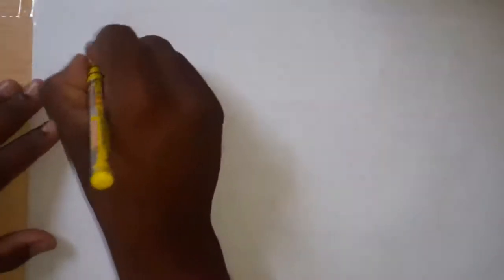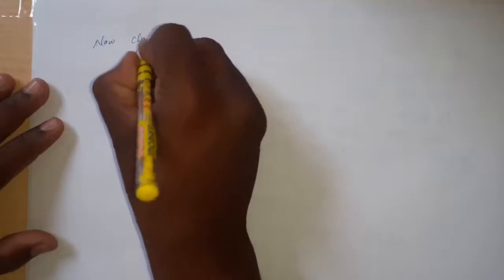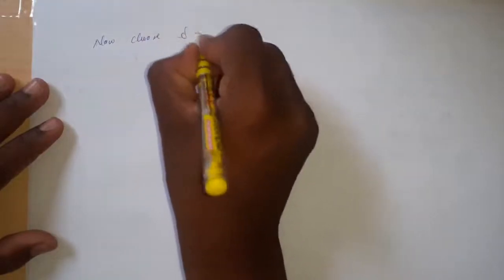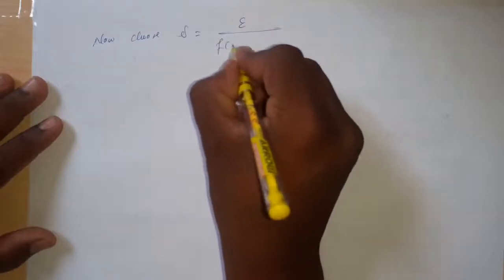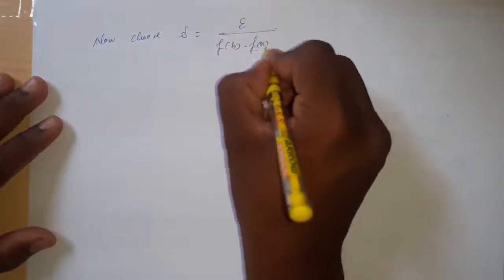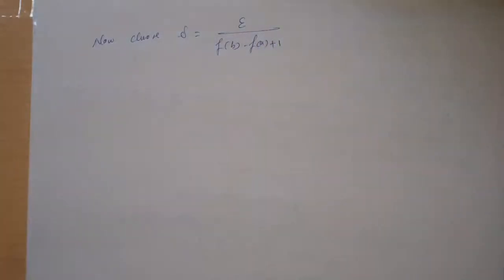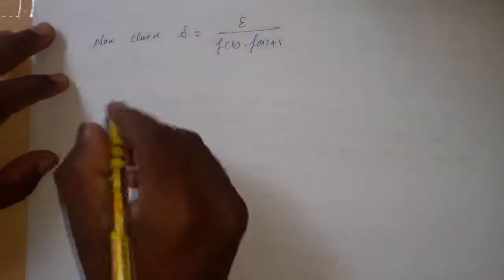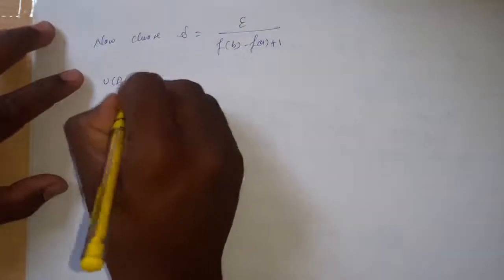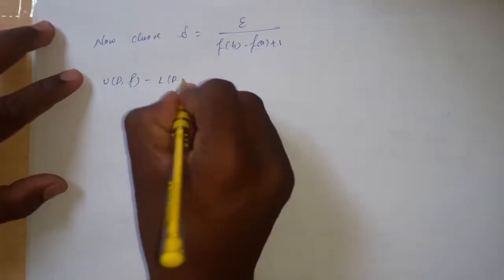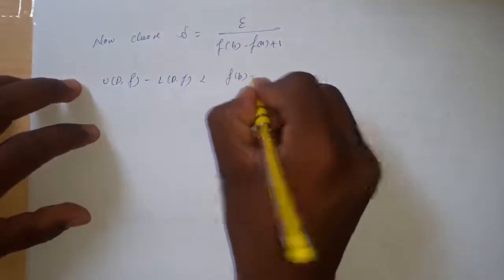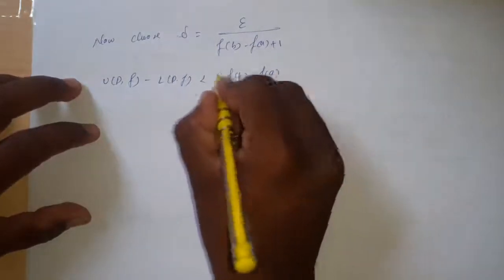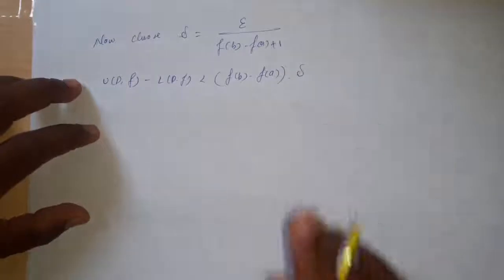Now choose delta is equal to epsilon divided by f of b minus f of a plus 1. So, here in the equation we have UPF minus LPF is less than f of b minus f of a into delta, right?